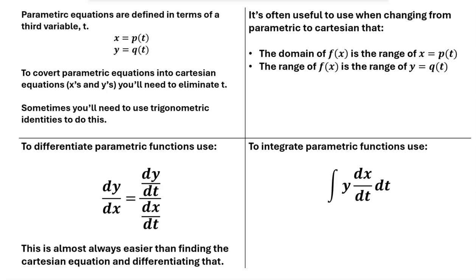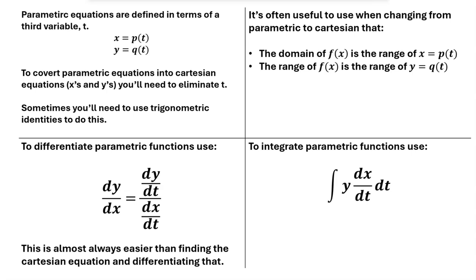So as I said, it will often be easier to do it that way than to find the Cartesian, which sometimes is really hard to do anyway, and then differentiate that. And what you might have to differentiate might be quite complicated as well. So often we want to go with that approach there on the bottom left.